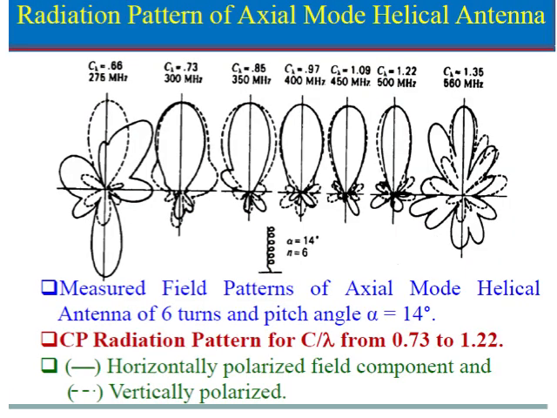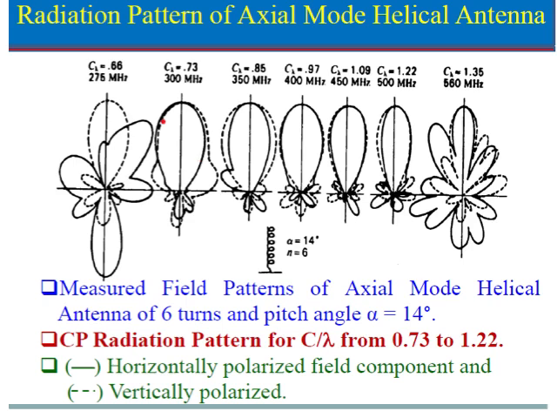This shows the measured field patterns of an axial mode helical antenna for 6 turns and pitch angle alpha equal to 14 degrees. As you can see in all these diagrams, the only things varying are the C lambda value and the frequency. C lambda is 0.66 and the frequency is 276 megahertz. This is how the radiation pattern looks.